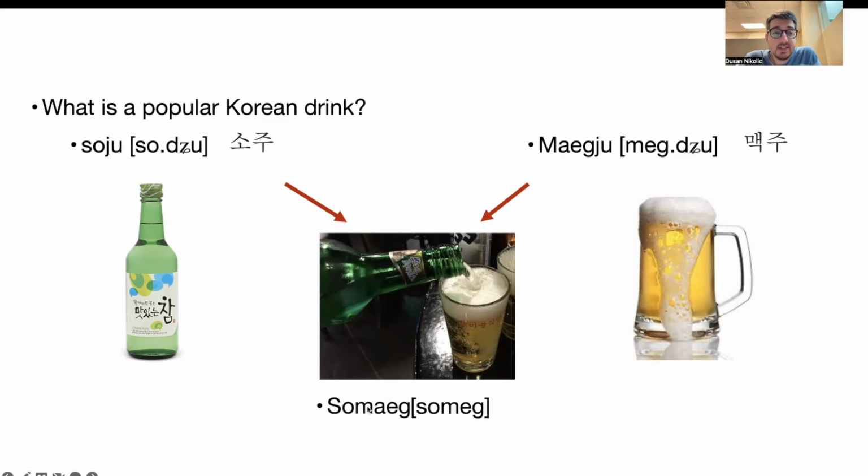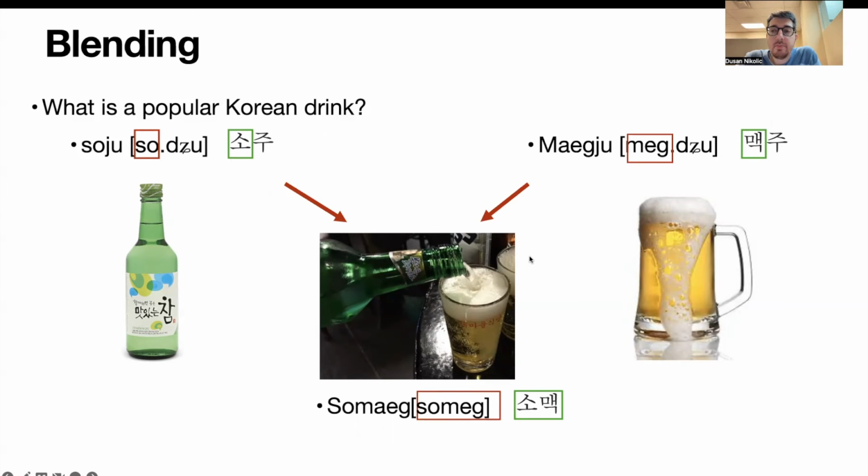Well, because they took the first part of soju, so, and they took the first part of maekju and joined them together to get somaek. They also write it like that, right? First syllable, so, and maek, and they got somaek, right? As simple as that. This is what we call blending, when you blend two words, or parts of two words.